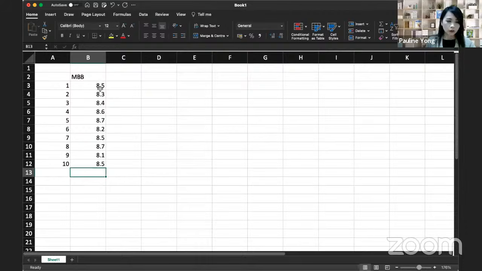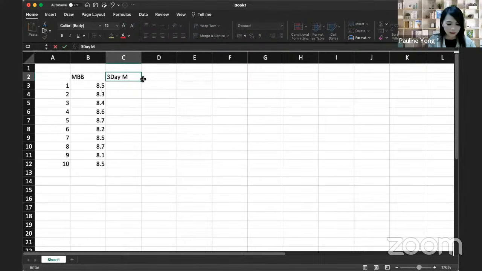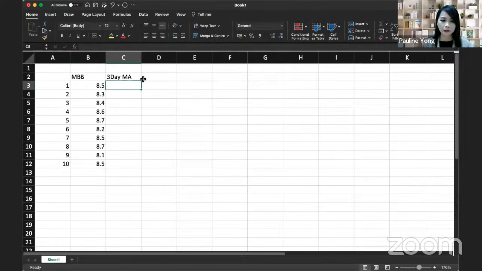Based on the price, I'm going to calculate the moving average of the price. Let's say I have a 3-day MA line, a 3-day moving average. What does 3-day mean? It means that for the past 3 days, what is the average price?